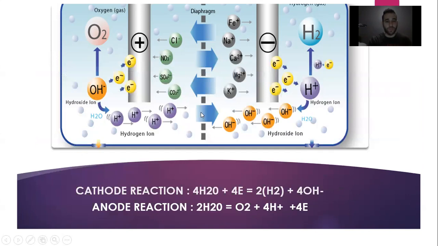On the positive side, we have the opposite reaction occurring. We have electrons being stolen from the water. 2 electrons will be taken from the water molecule here. So electrons are being given to the anode.